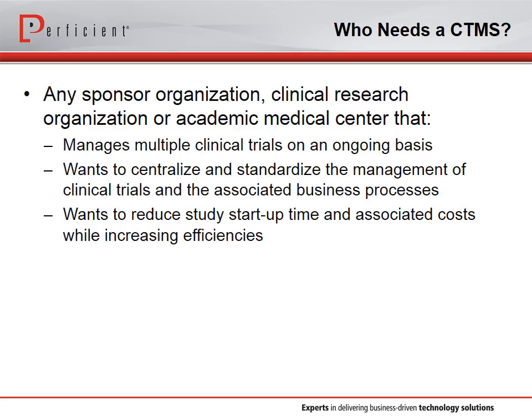It also makes it difficult to pull together reports, both for internal review and for outside auditors. Plus, these tools are rather difficult to keep validated. So for organizations conducting multiple trials at the same time, a CTMS can be a breath of fresh air and an investment that really pays for itself through the efficiencies that it will enable.